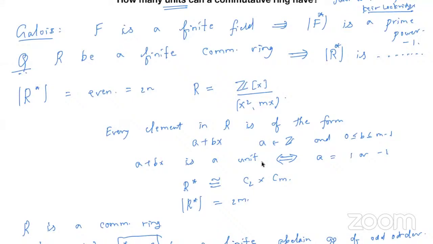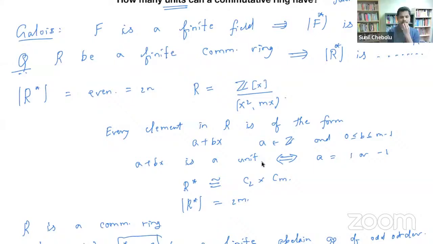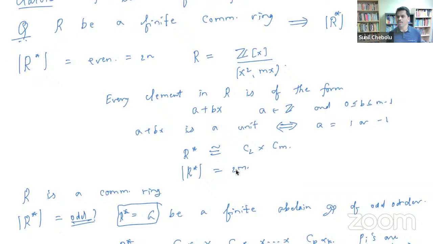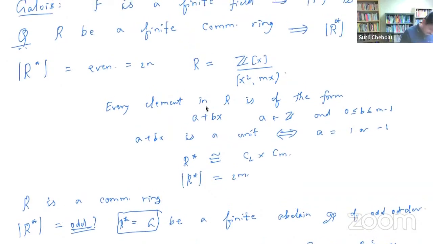I think I might have gotten the computation wrong, but let's say M is 1. Oh, never mind. Sorry, I was reading it wrong. For any positive integer M, this Cartesian product will have R star cardinality 2m, right? No, I mean upstairs you wrote it's 2n. But yeah, right, yes.